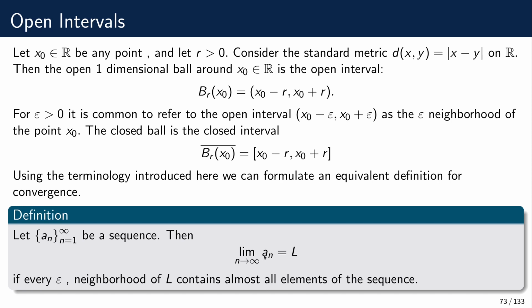Then we say that the limit of an is L if every epsilon neighborhood, so the epsilon neighborhood is this ball with radius epsilon centered at L, I mean all the points whose distance from L is smaller than epsilon, contains almost all the elements of the sequence. It contains all the elements except maybe for finitely many.